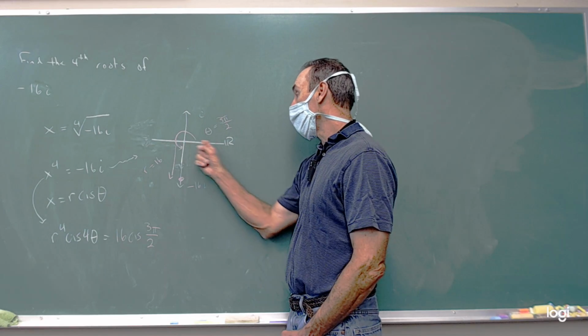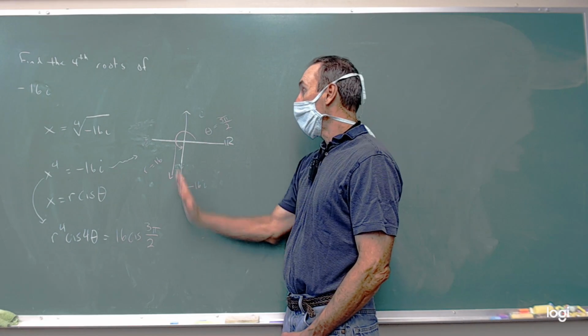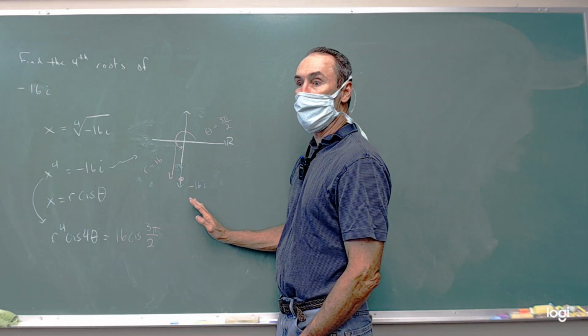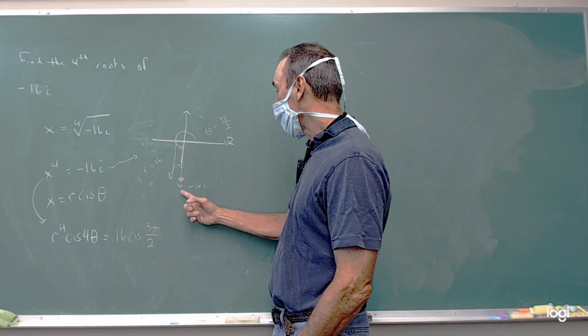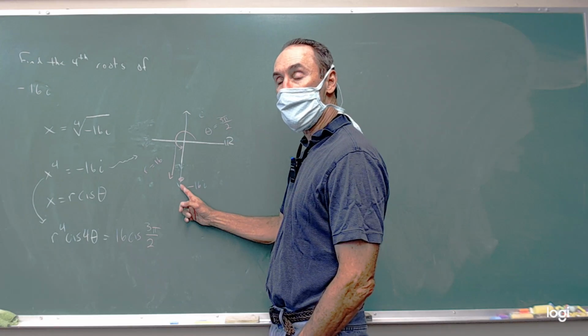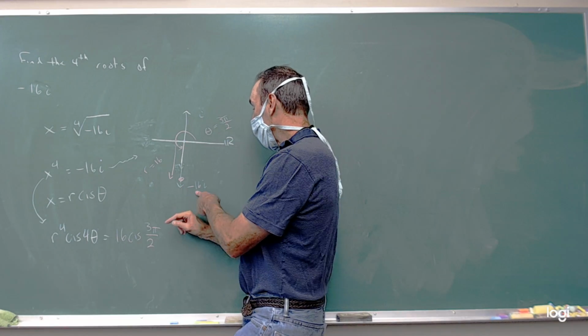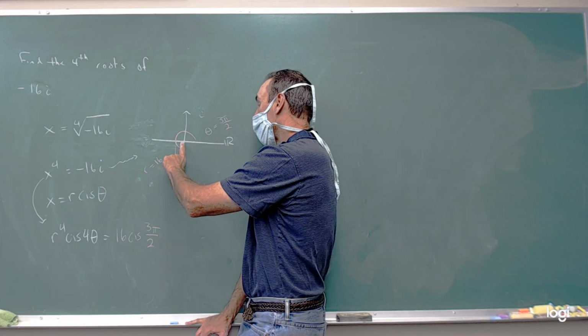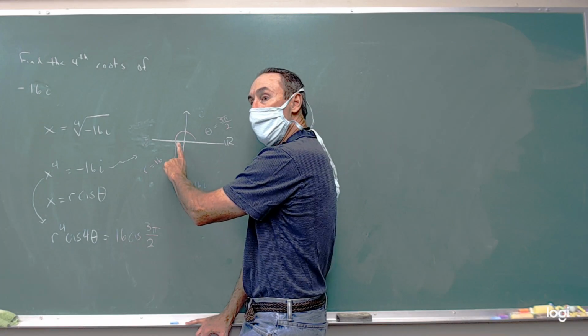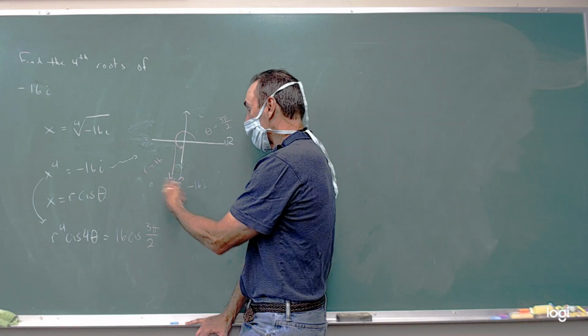Again, here's real on the horizontal and imaginary on the vertical. So negative 16i is going to be down here on that vertical axis. For that point, that pink dot right there, I want the r value, which is the distance from the pole. Well, that's just the 16.